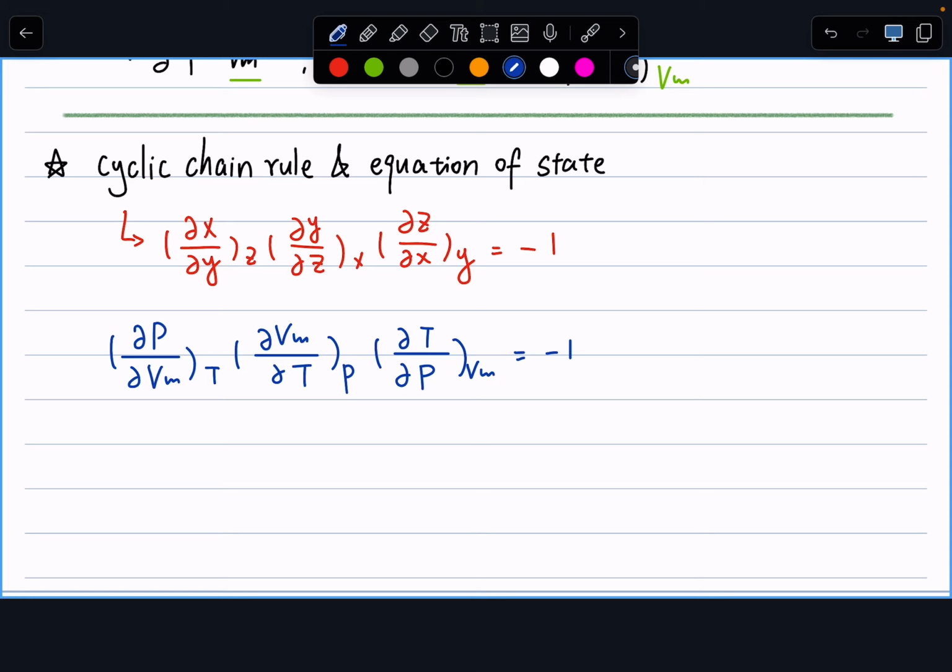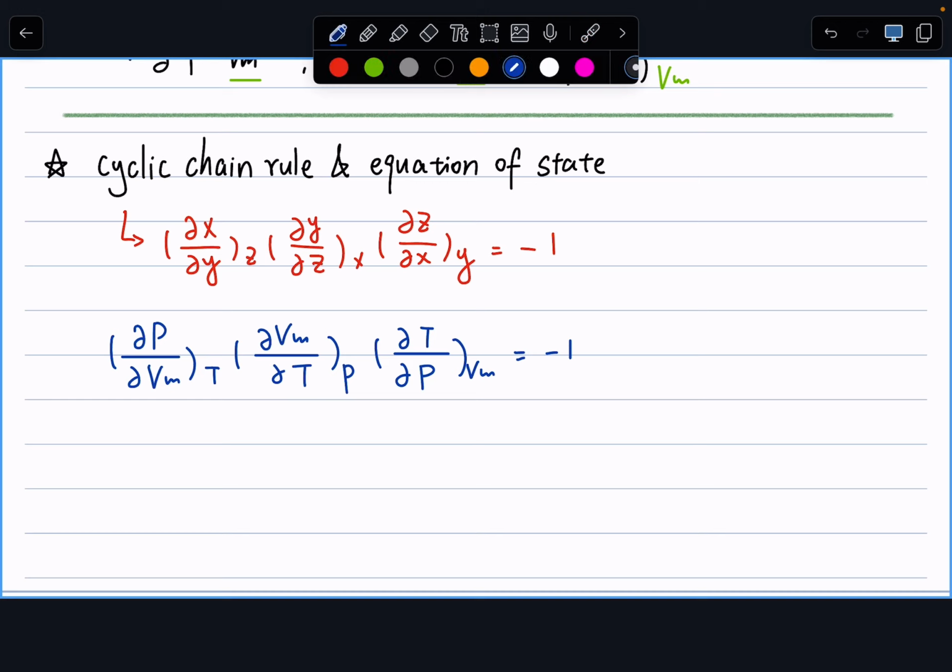It doesn't really matter which order you put it. The fact is, because we have the cyclic chain rule linking these 3 partial derivatives together, now we have one more relationship to reduce the amount of derivatives we have to measure, right? So we have one more relationship to use.